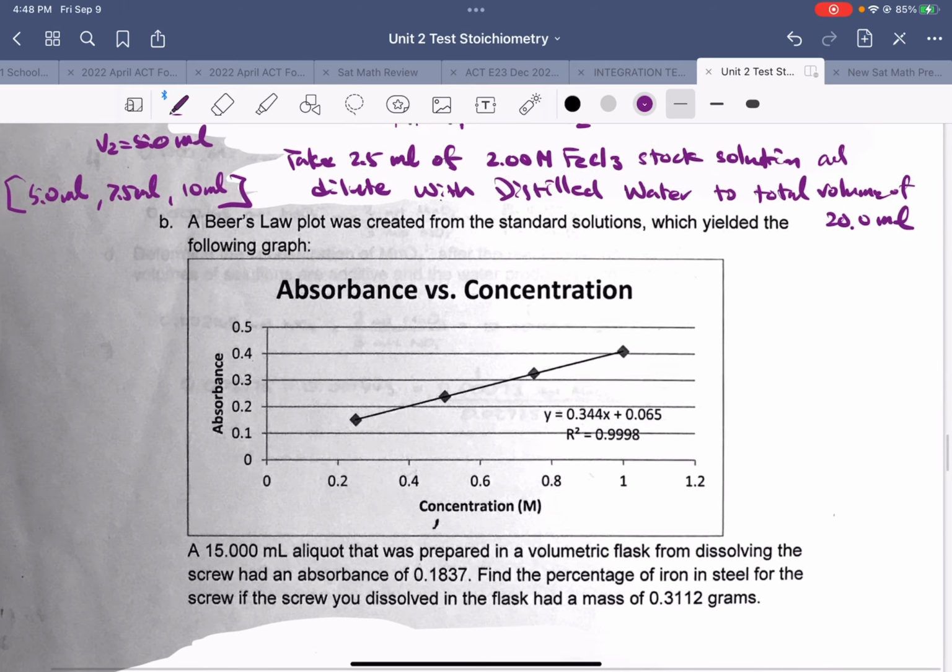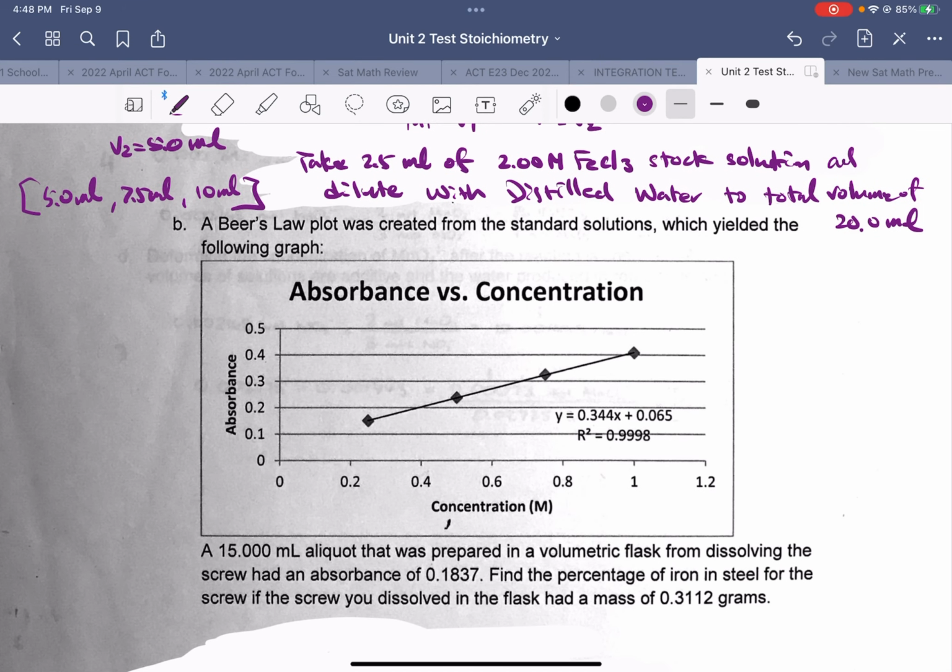Now, a Beer's law plot was created from the standard solutions, which yielded the following graph. So this one we call Beer's law. It's absorbance on the y side, and concentration on the x side here. So what is Beer's law basically?